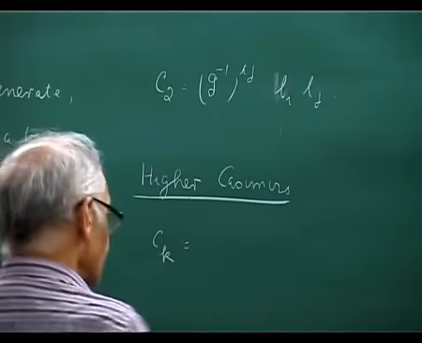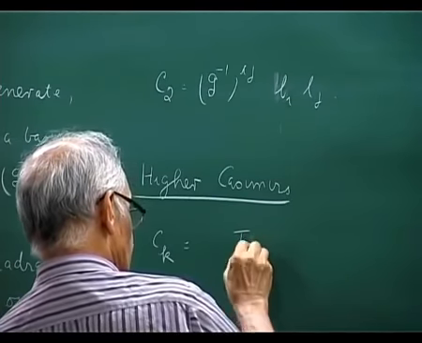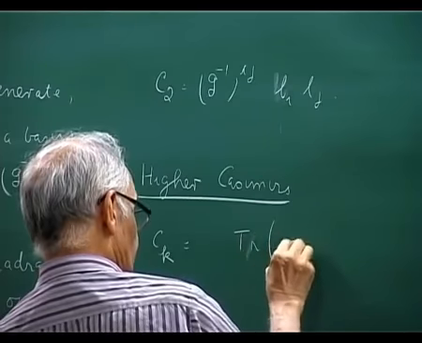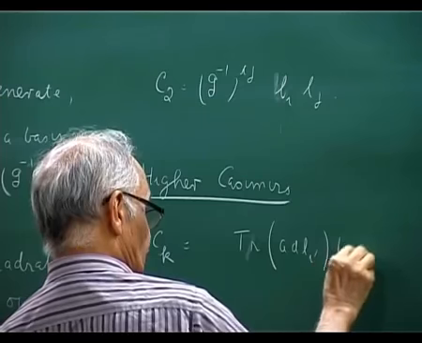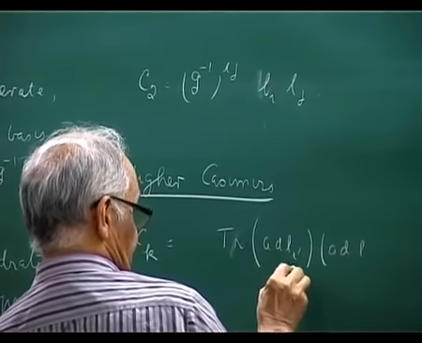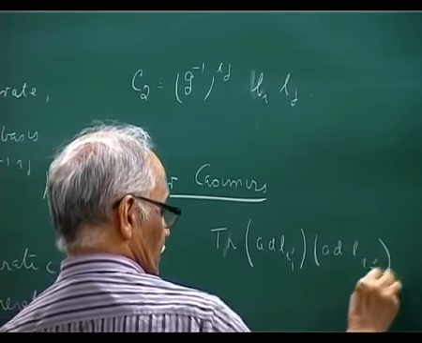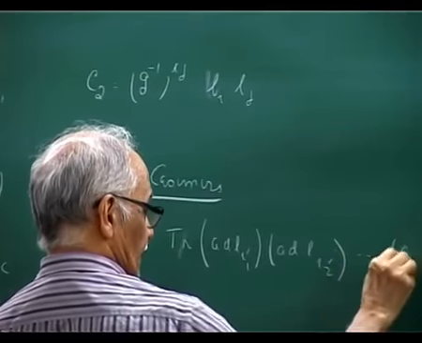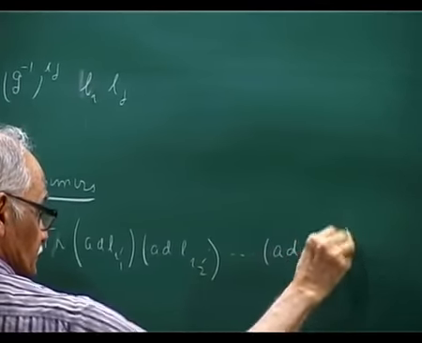So what you do is you take the trace of ad L_i1 prime, ad L_i2 prime, up to ad L_ik prime.